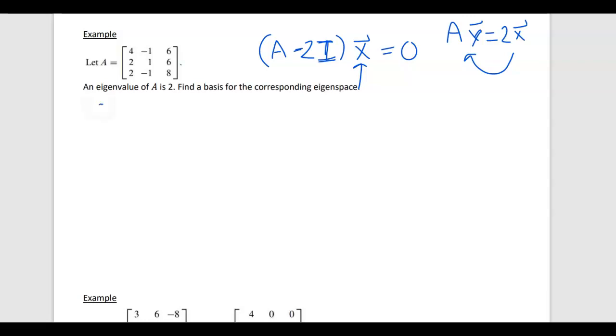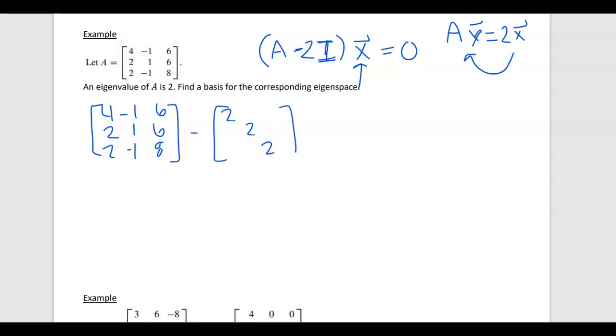So let's do A minus 2I. And when we do that, we get 2, negative 1, 6, excuse me, in every single row.